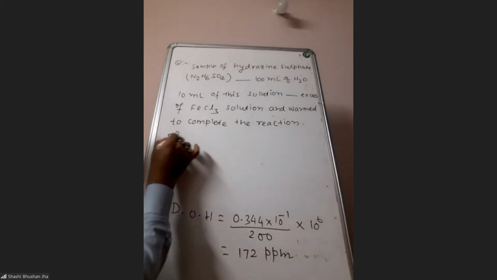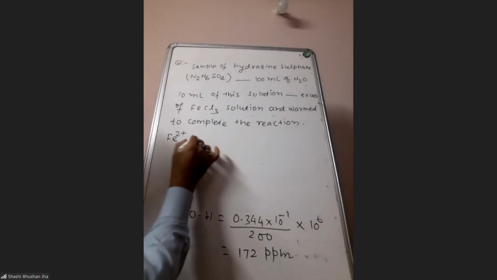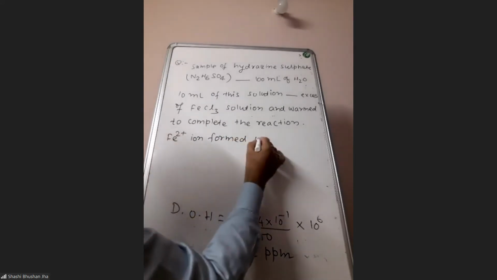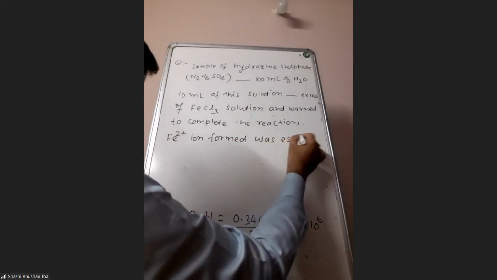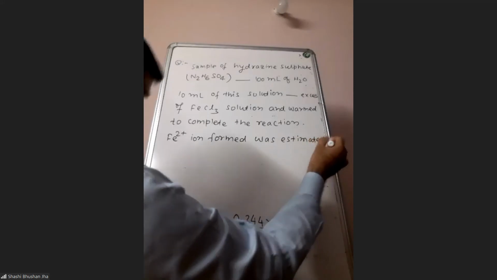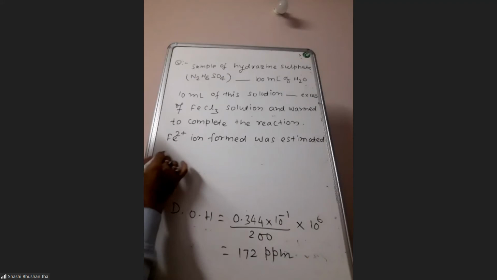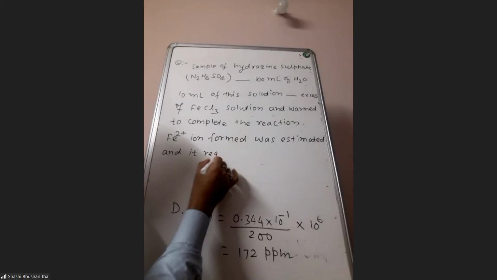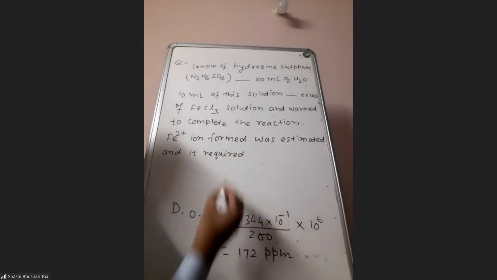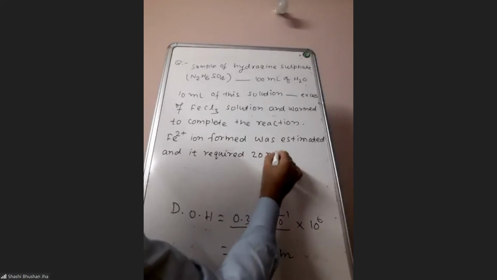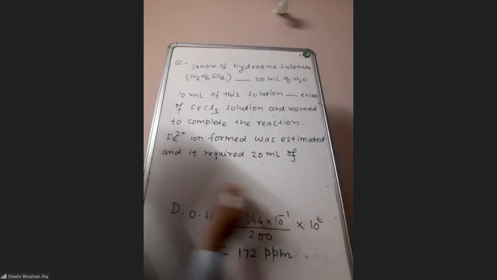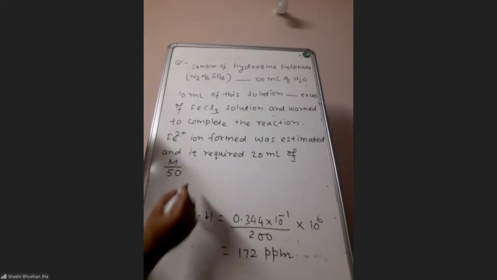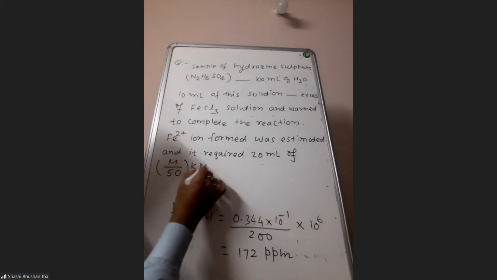Ferrous ion, Fe+2 ion formed was estimated and it required 20 ml of M/50, molarity is 1/50, potassium permanganate solution.